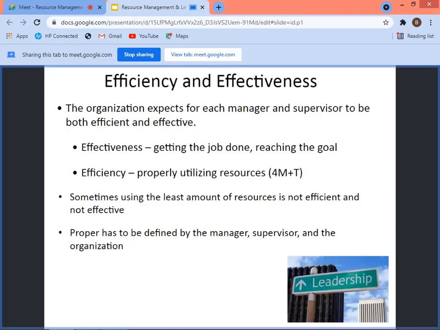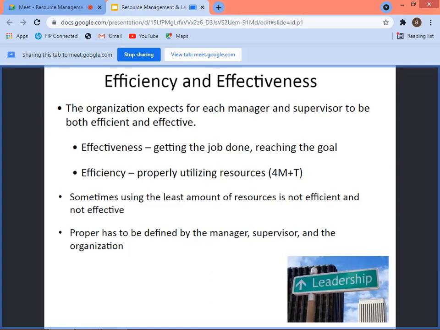That is part of lean management or lean manufacturing. If you're doing lean manufacturing or lean management, you need to do the 5S, implement 5S, Kaizen, DMAIC: define, measure, analyze, improve, and control, which is part of Six Sigma.